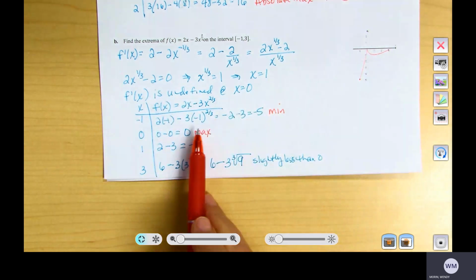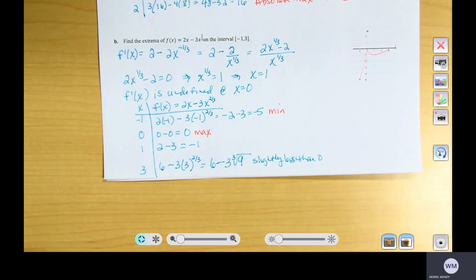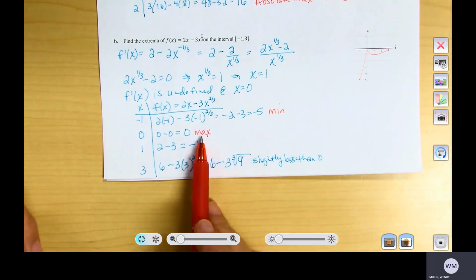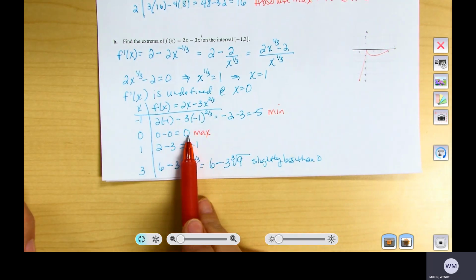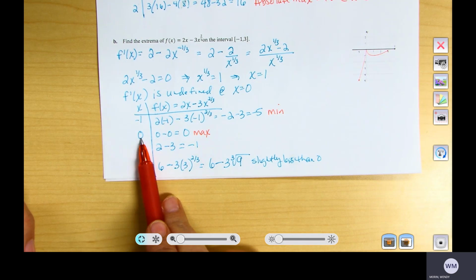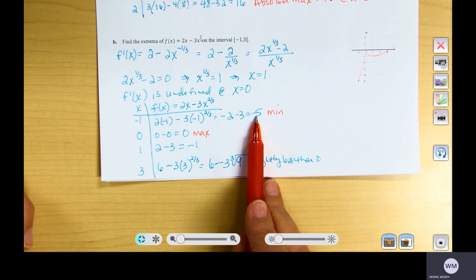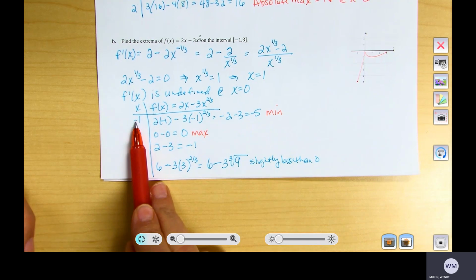So this is your work. So when you're writing out your answer, you don't have to explain what you did. This is supporting work. You would just say you have an absolute maximum of 0, which occurs at x equals 0. And you would say you have an absolute minimum of -5, which occurs at -1.